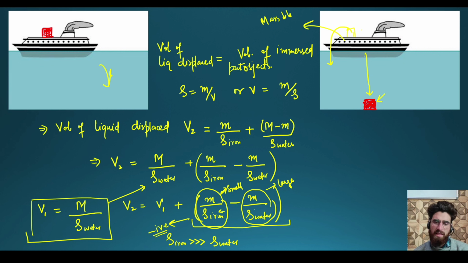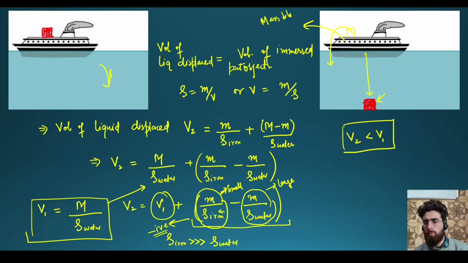And if it's negative, we will get that V2 is going to be reduced compared to V1, so it's going to be less than V1. So what does that mean? If the volume of the water displaced in the second case is less, what's going to happen to the level of water? The level of liquid is going to decrease.